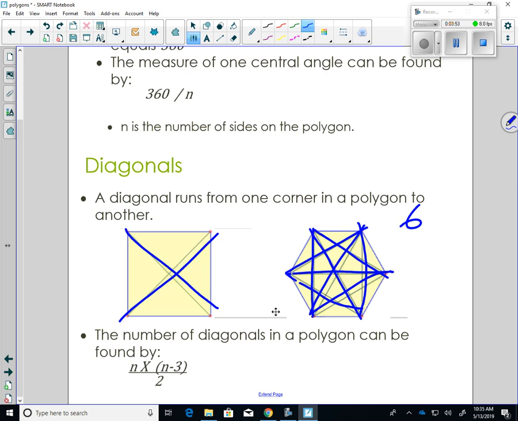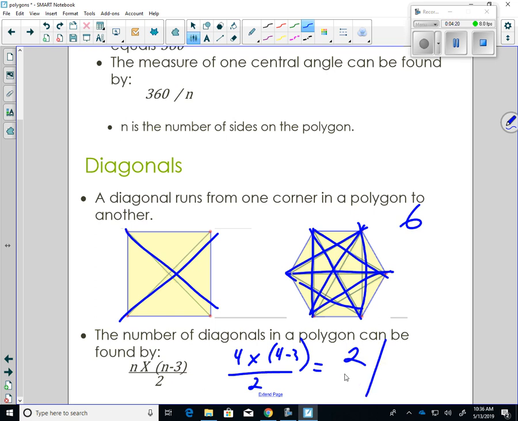The number of diagonals in a polygon can be found by n times n minus 3 divided by 2. So, for example, in a square, that would be 4 times 4 minus 3 divided by 2. 4 minus 3 is 1, because I wanted you to pay attention instead of looking at that calculator. 1 times 4 is 4 divided by 2. 4 divided by 2 is 2.